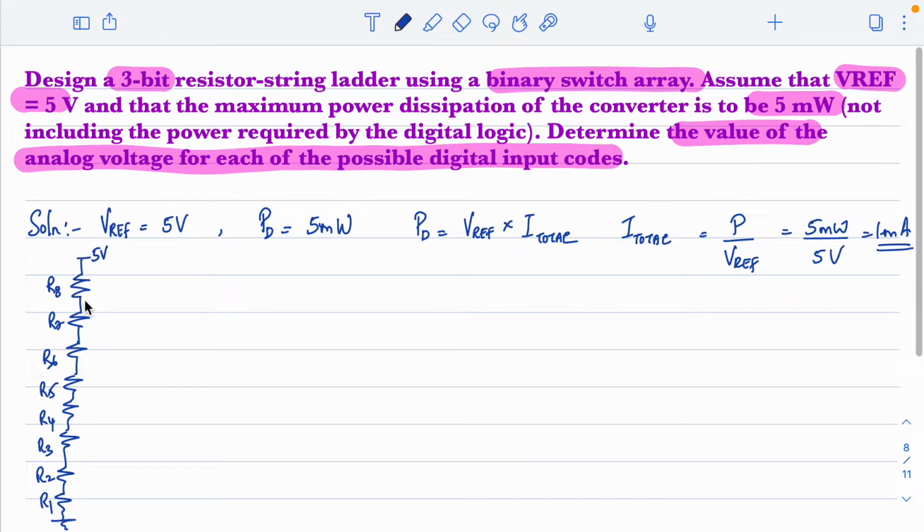Given that it is a binary switch array, this is how it is connected.